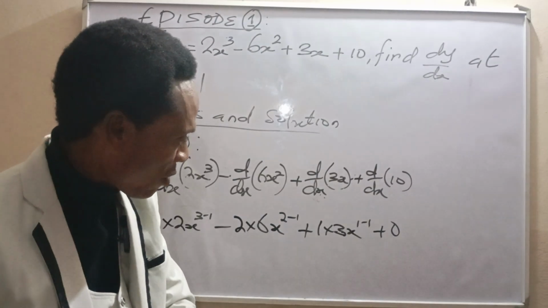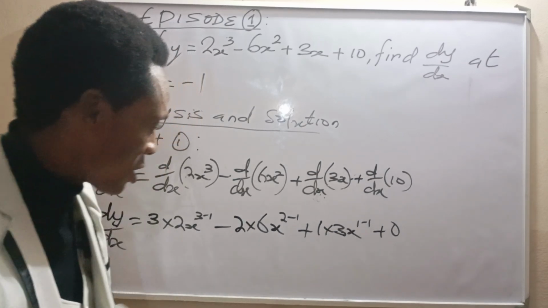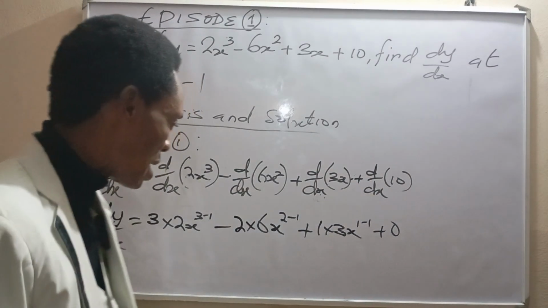The differentiation of a constant is always 0. That is why we have 0 here.